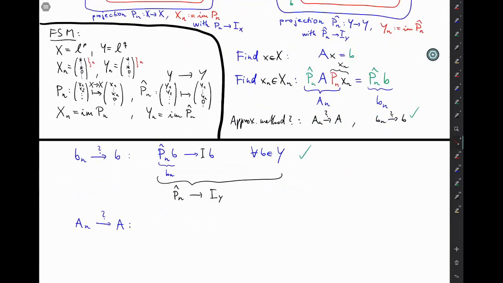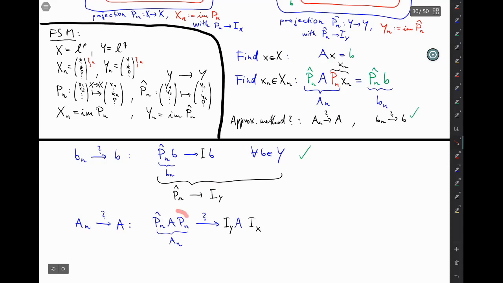Okay, and to answer this one, we of course have to recall what an is by our definition. And then it's fairly tempting to use the following argument. You say, well, this Pn converges by our assumption to the identity on X, and this Pn hat converges by our assumption to the identity on Y, and this A remains in the middle unchanged.